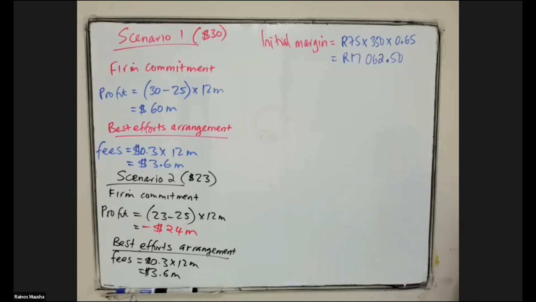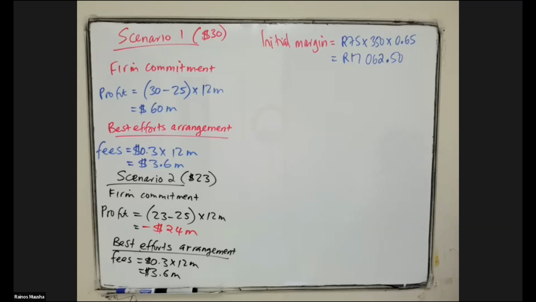Because remember, you are holding shares, right? So if you're holding shares, you want to protect yourself from a decrease in the price of your share portfolio. Which means if your portfolio falls below a certain amount, that's when you are going to be receiving a margin call.